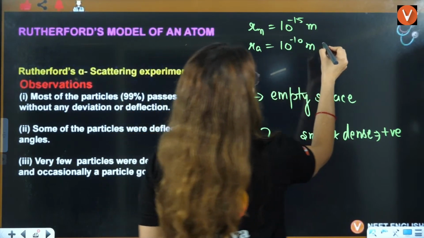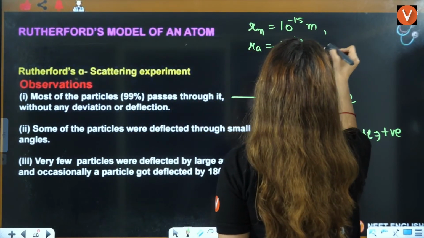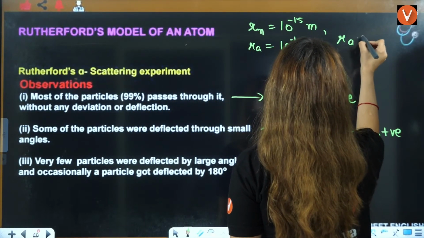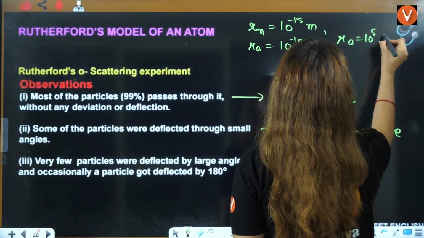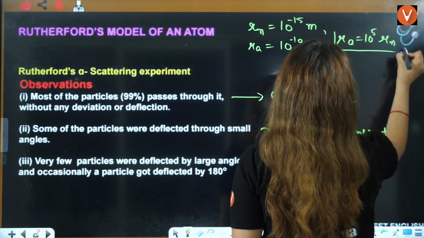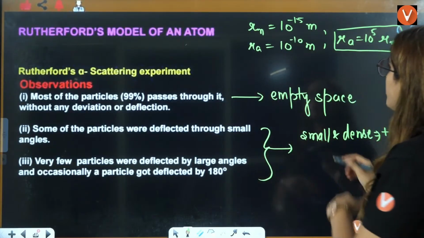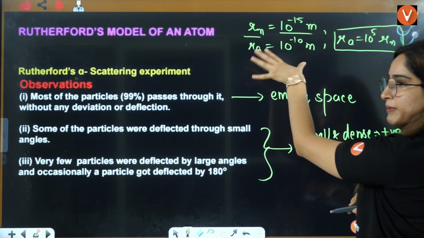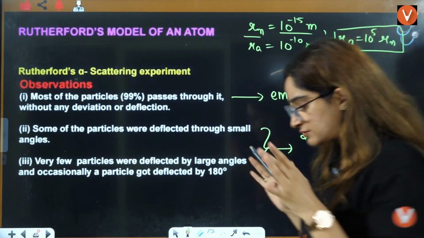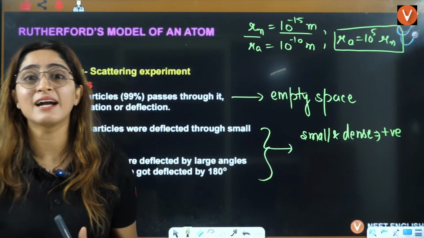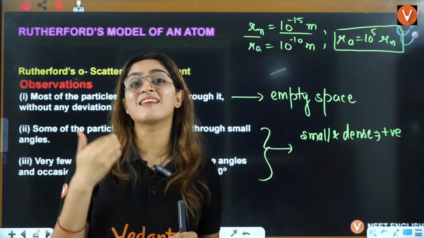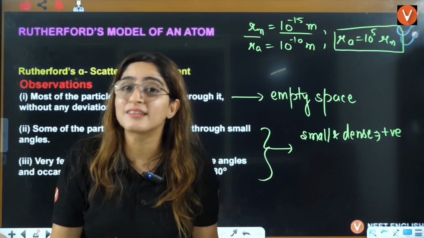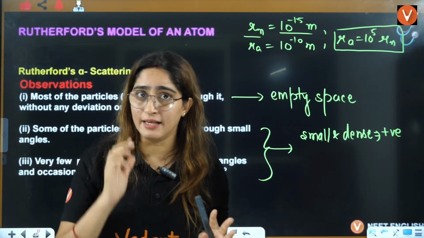When you take the ratio, the radius of the atom is 10 raised to the power 5 times the radius of the nucleus. So the atom is 10 raised to the power 5 times bigger than the nucleus, which is a very big deal, right?